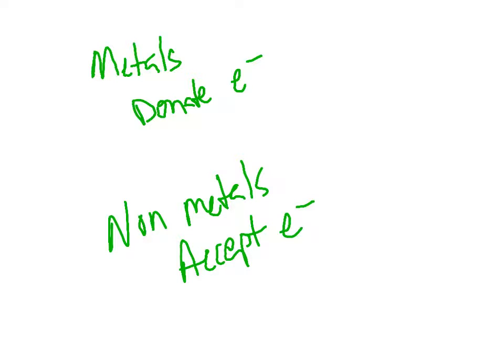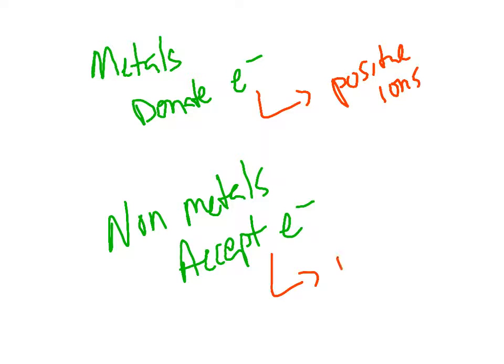And because of this, when you donate electrons, you lose negative charges, so you become positive ions. And when you accept electrons, you become more negative, and you form negative ions.